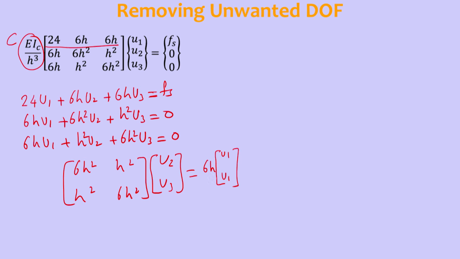Assuming that U1 is a known one, we can find out U2 in terms of U1. In this manner we can eliminate and resubstitute in this one. So, this is one method of eliminating it.